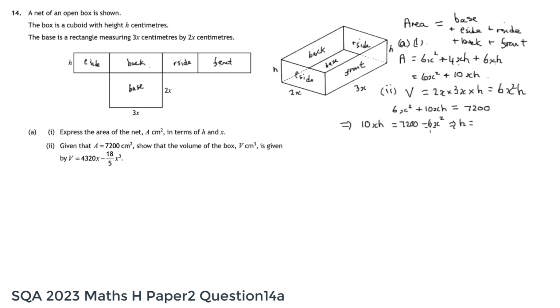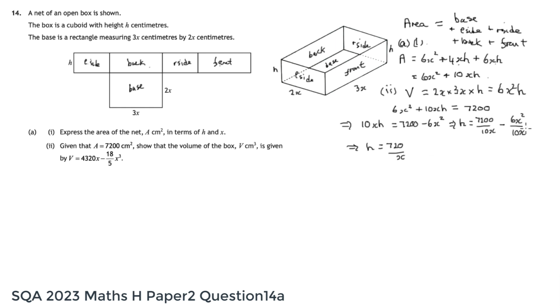Now each of these terms will be divided by 10x, so we'll have 7,200 divided by 10x minus 6x squared divided by 10x. And that can be simplified somewhat. 10 into 7,200 goes 720, and we're left just with the x. So we've cancelled the factor of 10 top and bottom here.